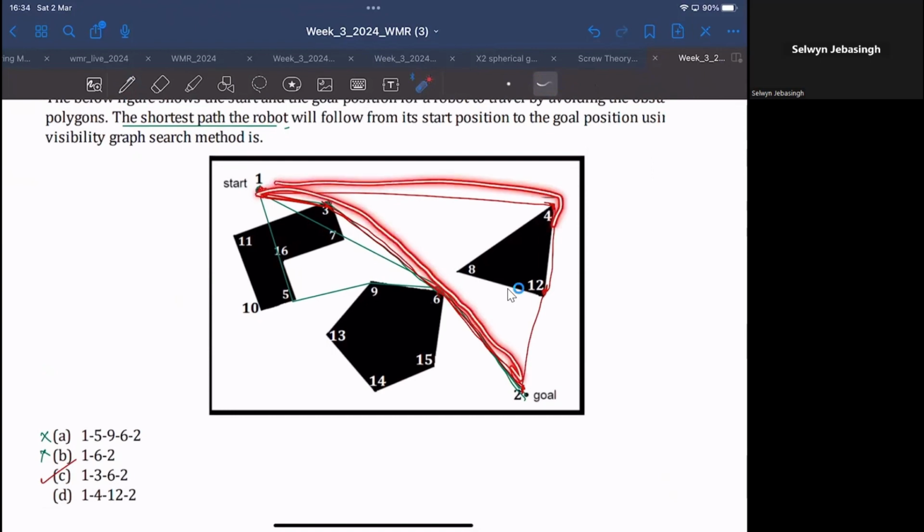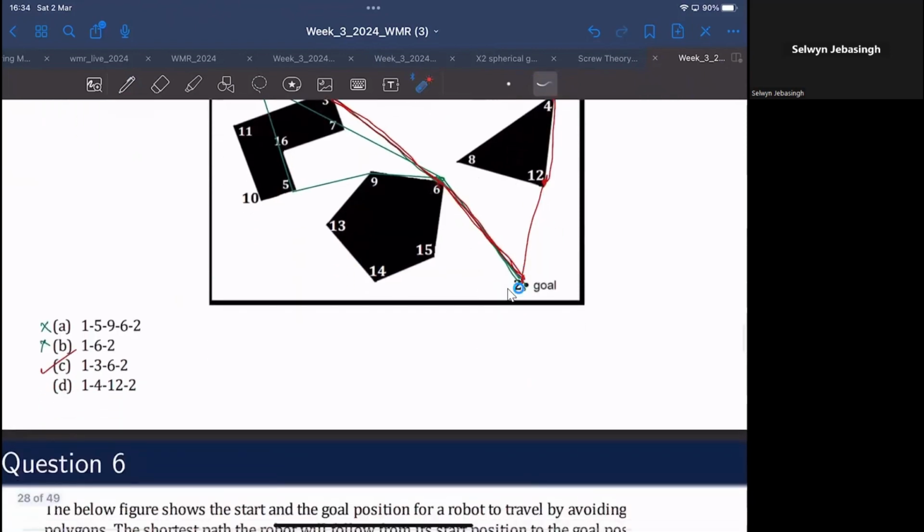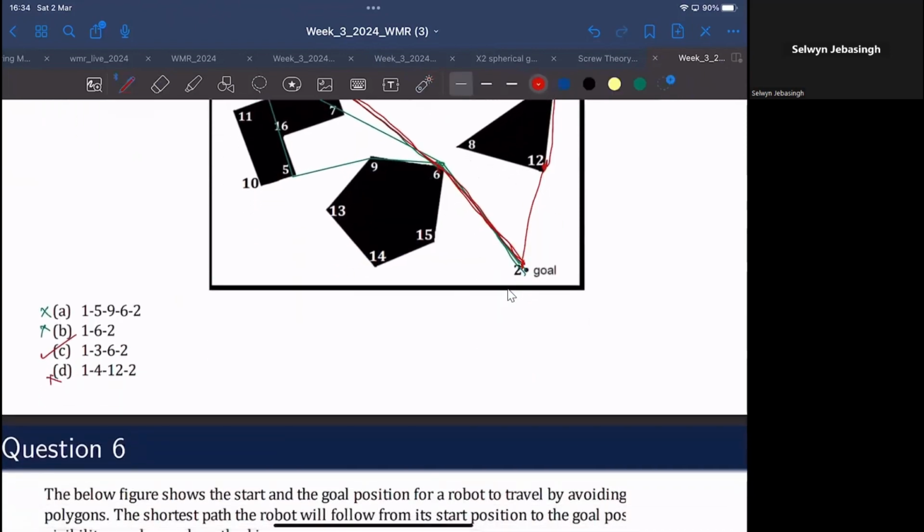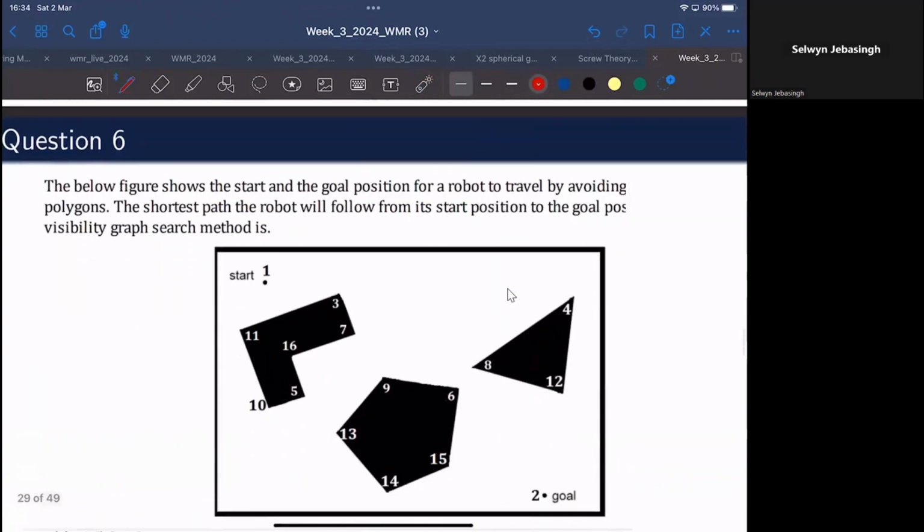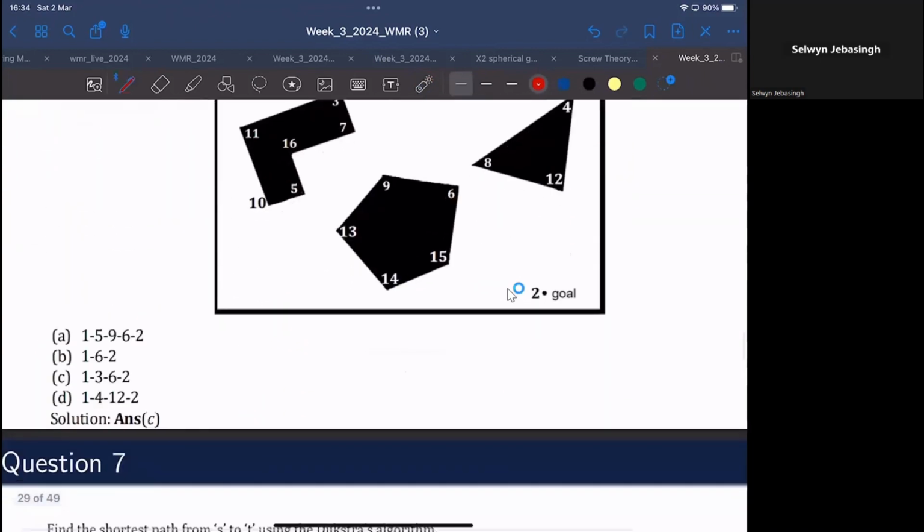This looks more or less like a right angle triangle. And if you consider this to be the hypotenuse, obviously the hypotenuse will be shorter than the sum of the other two sides. So this path is actually shorter than this path. So in that regard, you can consider option C to be the correct answer for question 6.